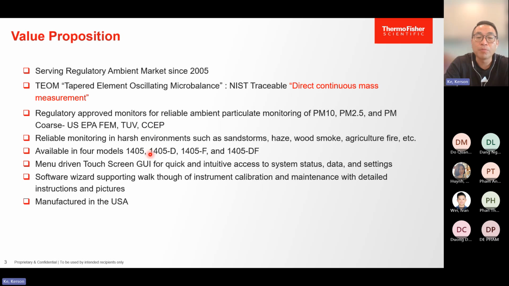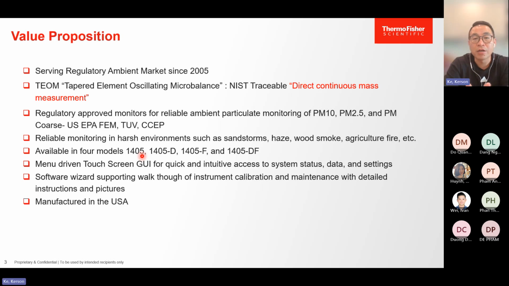Because of different configurations, we have different models. Some models can measure PM 2.5 and PM 10 at the same time, and some models can measure the PM 2.5 plus the semi-volatile portion. So we can discuss in detail later.